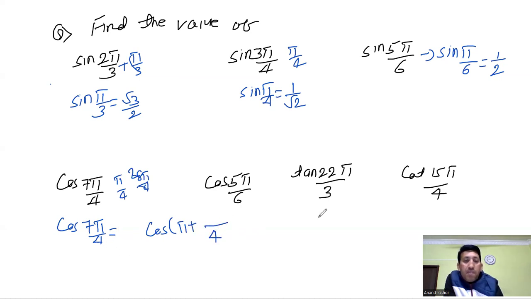To get 7 pi, it is 4 pi plus 3 pi. So see, cos of pi plus theta. This is not pi by 2 or 3 pi by 2, so cos of pi plus theta is minus cos theta. First I will erase this.